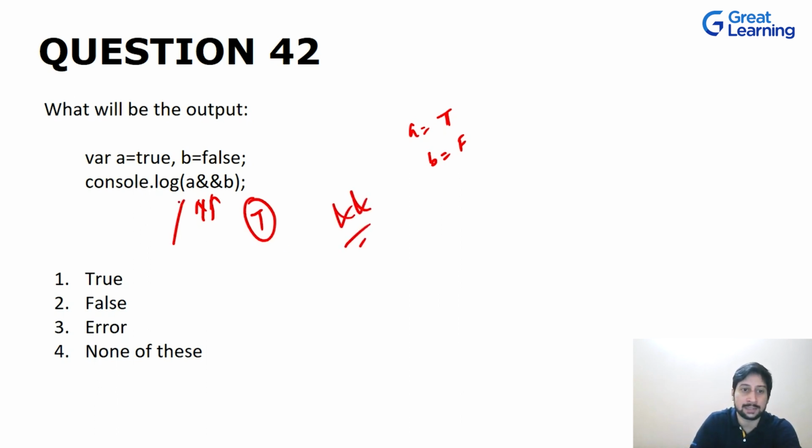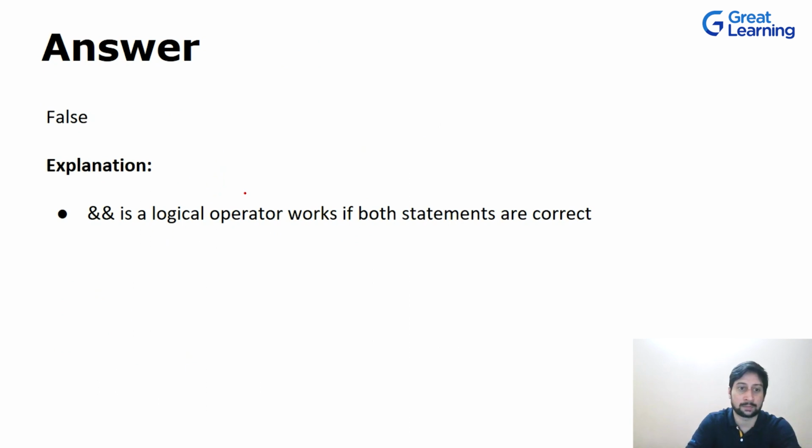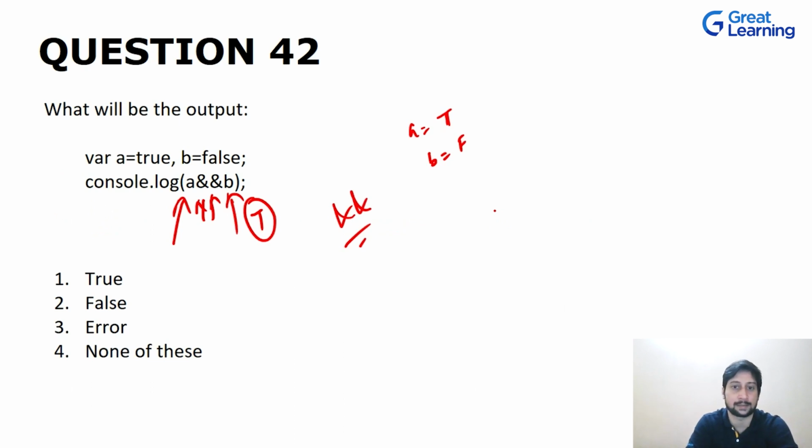That means on this side you will be having one condition and on this side you will be having one condition. Since a is true, we go to the b and we check the condition, in this case b is true or false, which is false. So you get the output as false. Okay, the logical operator works if both the statements are correct. In this case it was not the case.